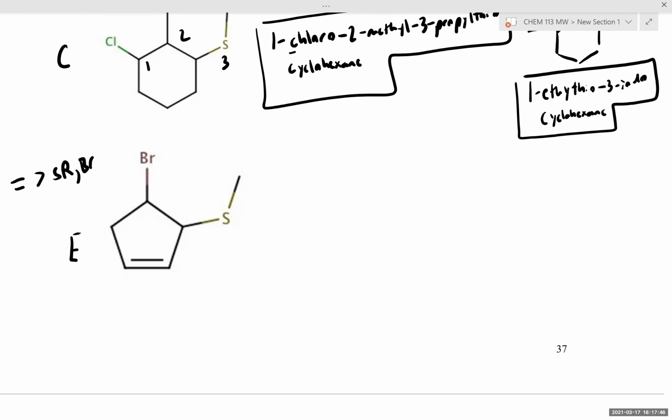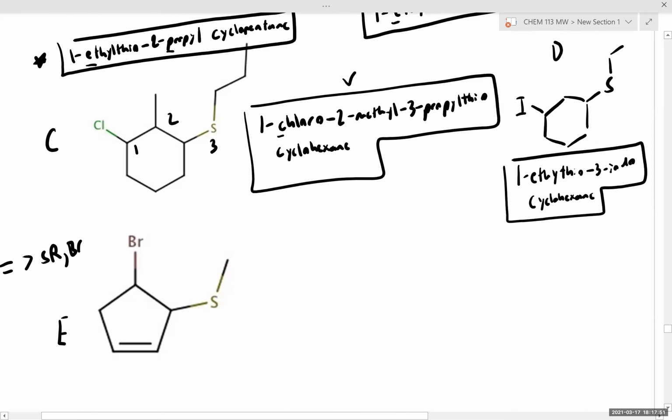Halogens have about equal priority to alkyl thiol groups. As we've seen in this case, do you notice how depending on which substituent is first alphabetically, we have different locant numbers? That was what was demonstrated in examples C and D, right?